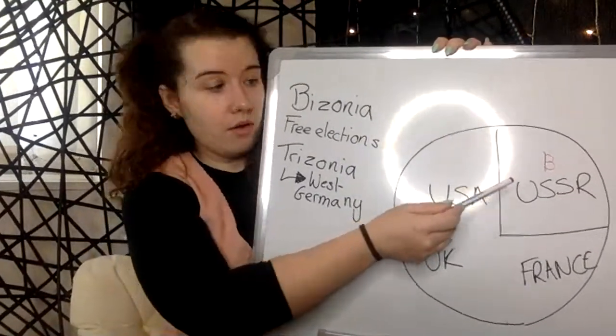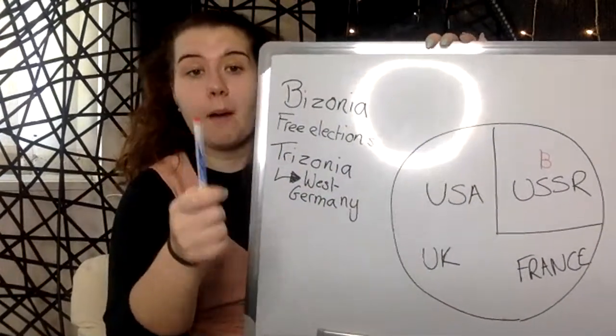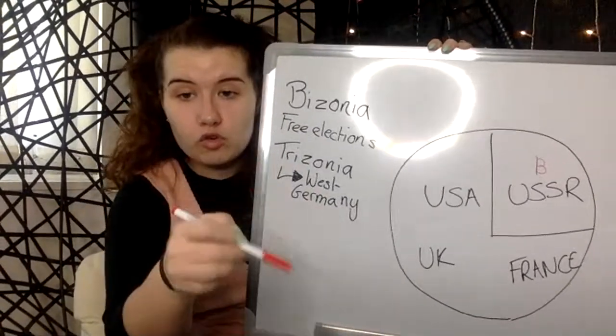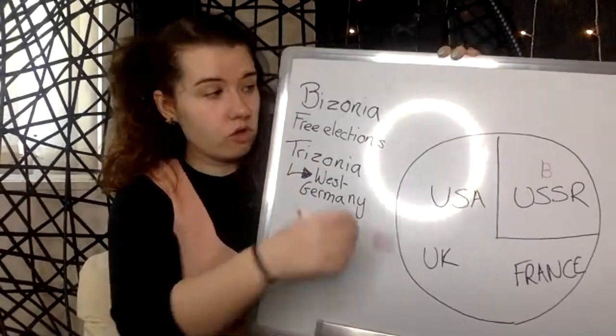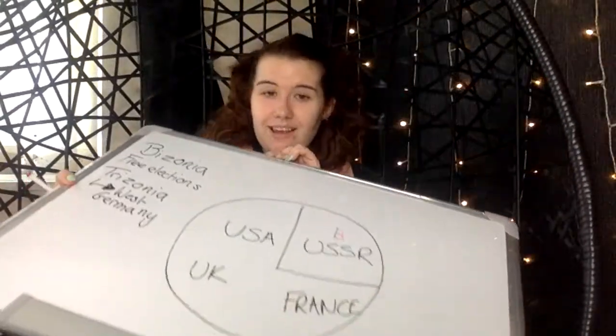And that is the same for Berlin, which is in the Eastern zone. You've got to remember that. Berlin is in the USSR zone and it is split into four, just like that. Let me draw that for you. Here we go. And I'll even label it because I'm a legend.